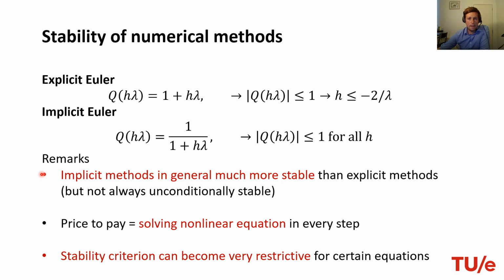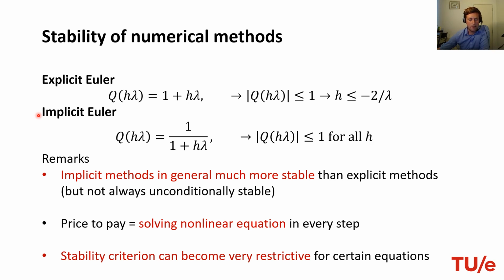But the general advantage of implicit methods is that they are much more stable than explicit methods. The price you pay is that you have to solve a nonlinear equation in every step when you use implicit methods, versus explicit methods, where you can simply evaluate the solution in the next step from the currently known values.